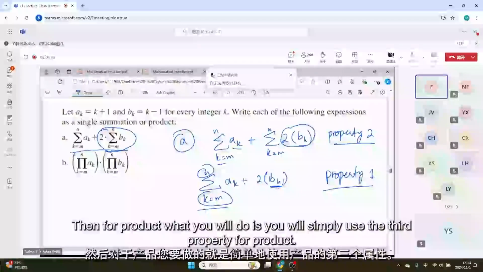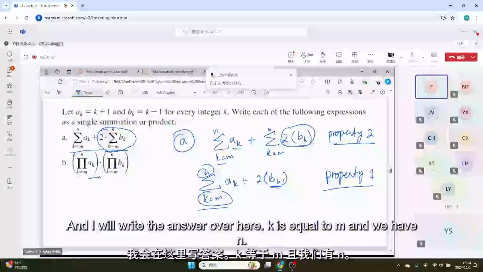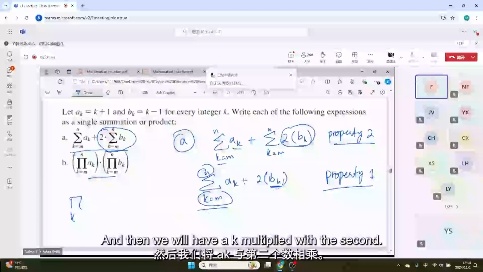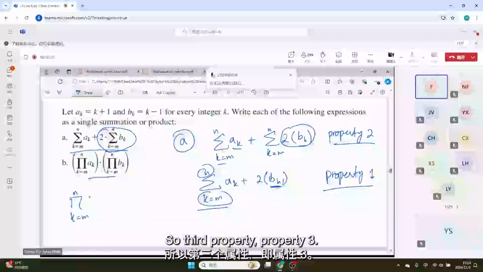Then for product, what you will do is you will simply use the third property for product, and I will write the answer over here. K is equal to M, and we have N, and then we'll have AK multiplied with the second. So third property 3.